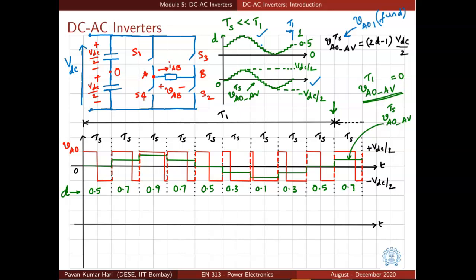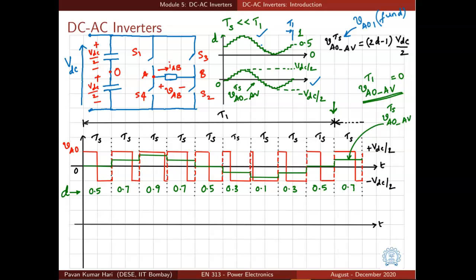And interestingly, the average value of VAO over TS can be shown to be equal to the fundamental component of VAO mathematically. That means VAO will have a fundamental component which is just proportional to the duty cycle of that particular leg.